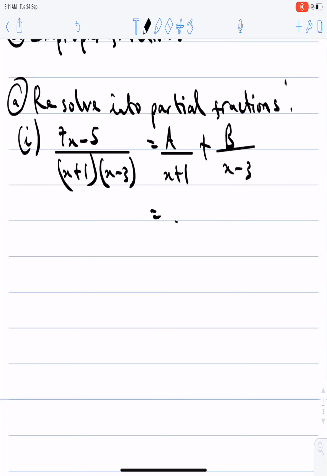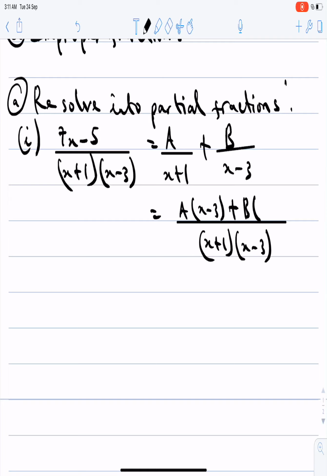And that means, over x plus 1 times x minus 3, a times x minus 3 plus b times x plus 1. The denominators are the same. That means the numerators are also equivalent.